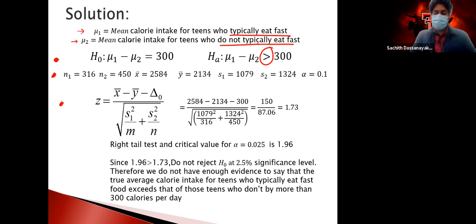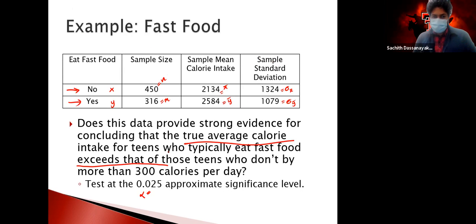So you have to consider, in the example, the true average calorie intakes for these 2 groups. True average calorie here is about sample calories, as you can see. But we need to test mu, the true average calorie, which means mu1 and mu2, and whether that exceeds this value or not.